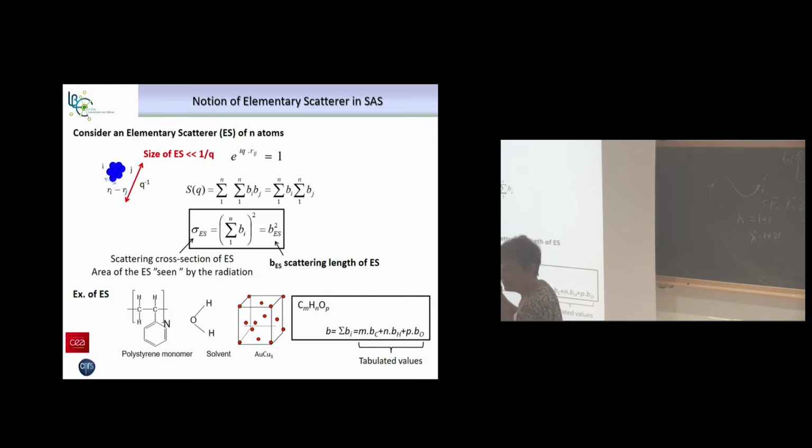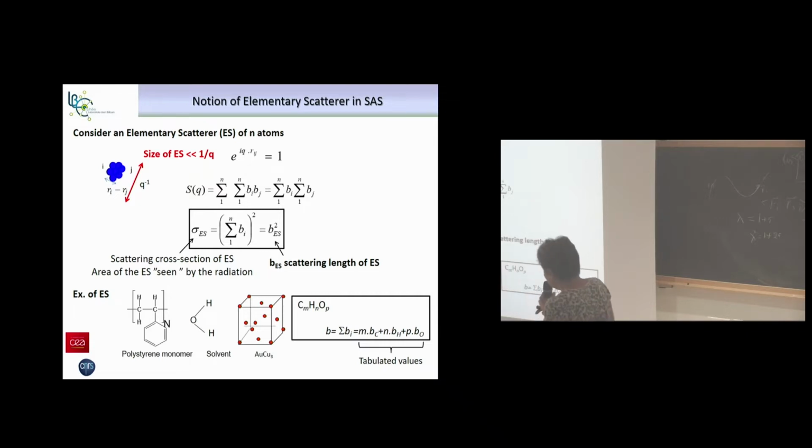The bigger the scattering power, the more diffusion you will have. If it is small scattering power, you will have less diffusion. It's a bit like the area seen by the radiation.